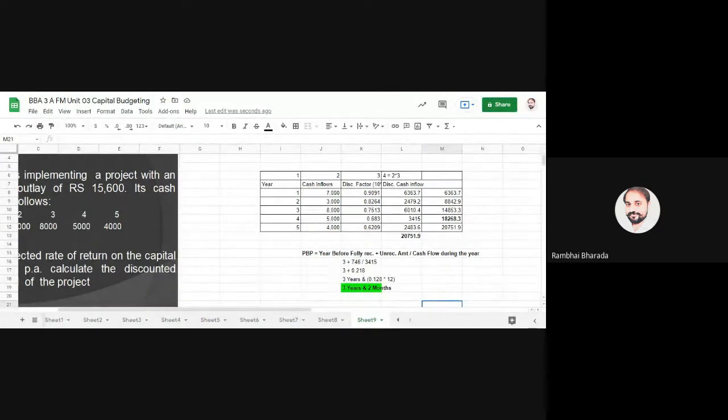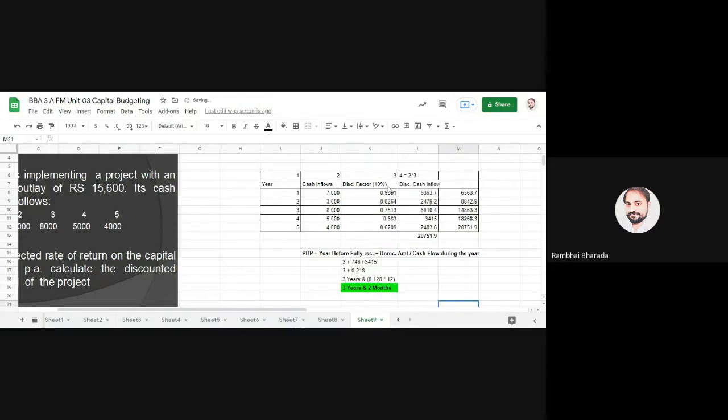Then the cash inflow, which is given to you in a practical question. Then the discounting factor, which is generally given in terms of percentage. Here we have 10 percent. For the 10 percent, we used the table and, based on the table, we wrote these values in column number 3. Then we found the discounted cash inflow, that is, the multiplication of cash inflow with the discounting factor.